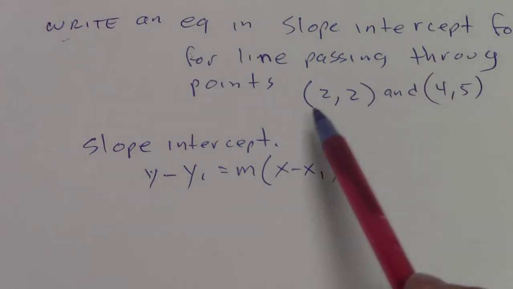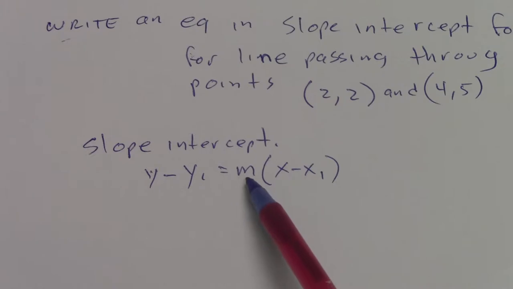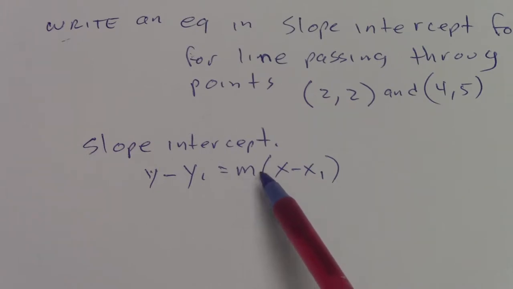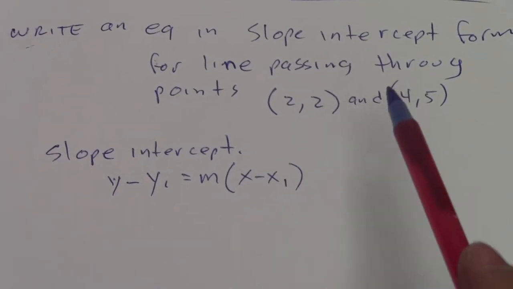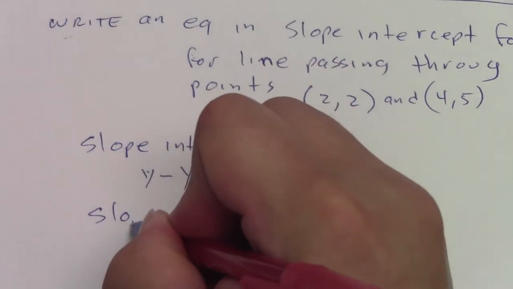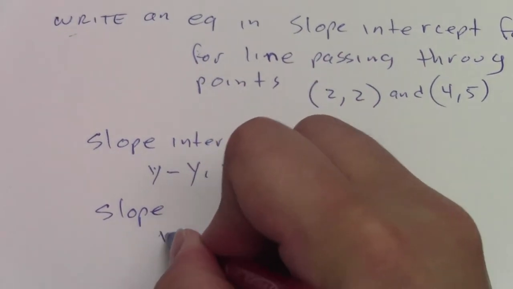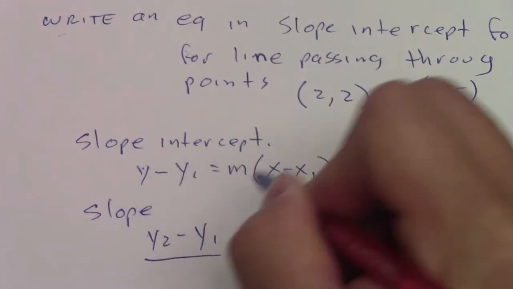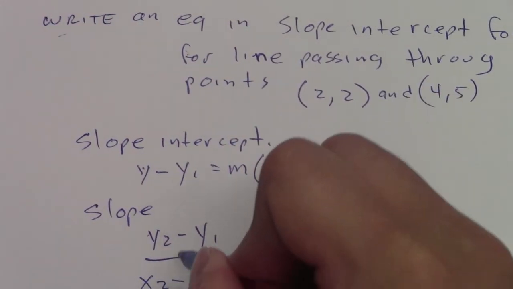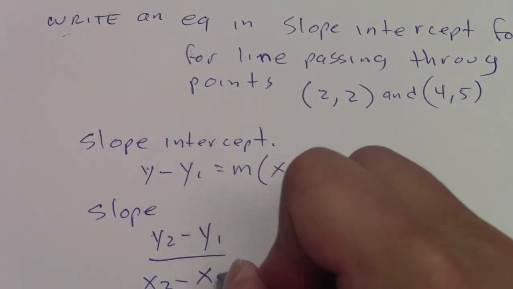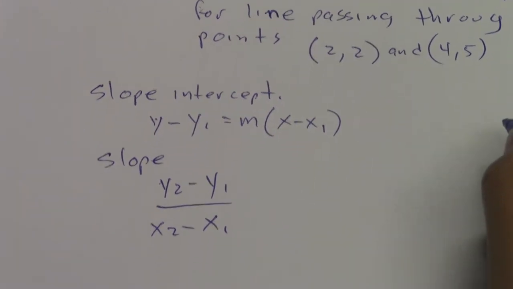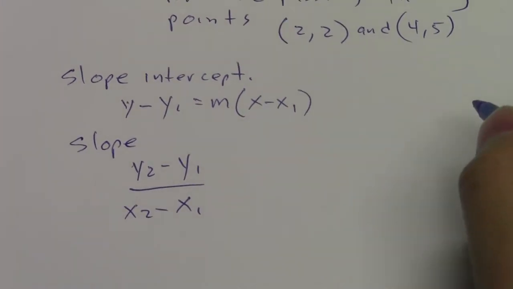Now we can almost just plug these in, but we need that slope. So the first thing we have to do is find the slope using these 2 points. So remember, the slope is just y2 minus y1 over x2 minus x1.